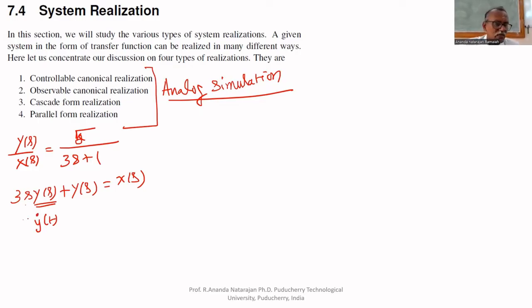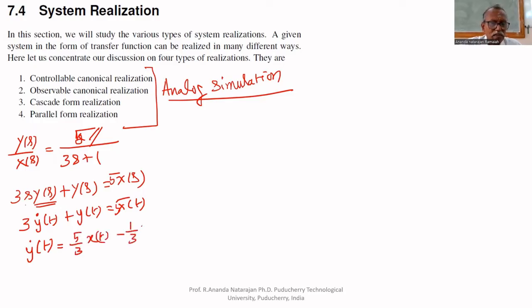So 3 y dot of t plus y of t equal to 5 x of t. Therefore, the first order differential equation is y dot of t equal to 5 by 3 x of t minus 1 by 3 y of t.